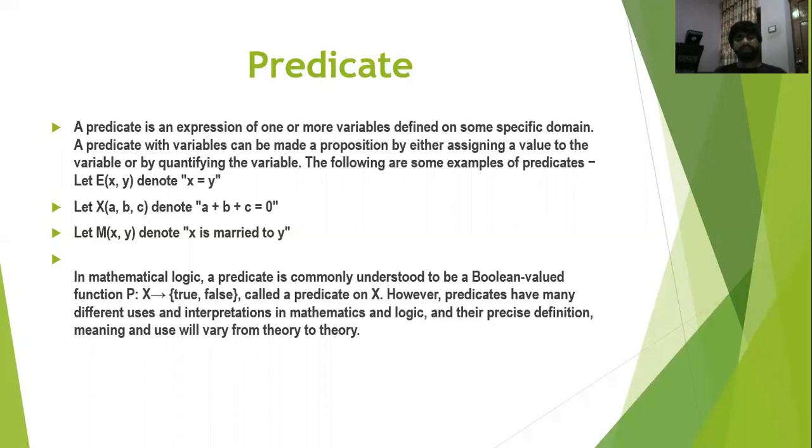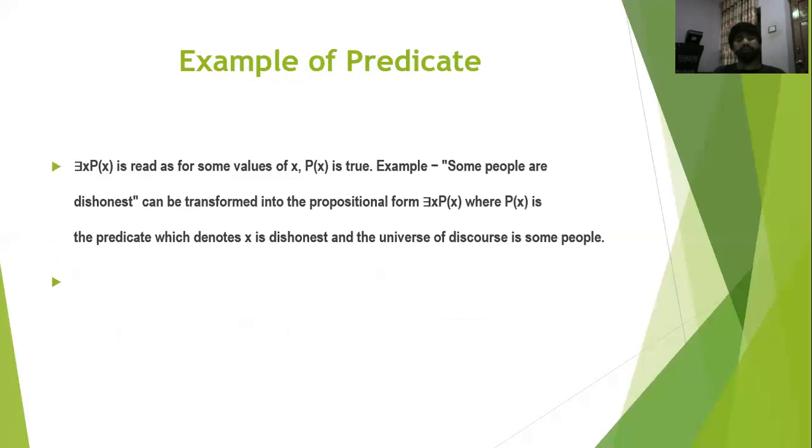However, predicates have many different uses and interpretations in mathematics and logic, and their precise definition, meaning, and use will vary from theory to theory. And here we describe these values, false and true, in the predicate. And here I have written an example of a predicate.